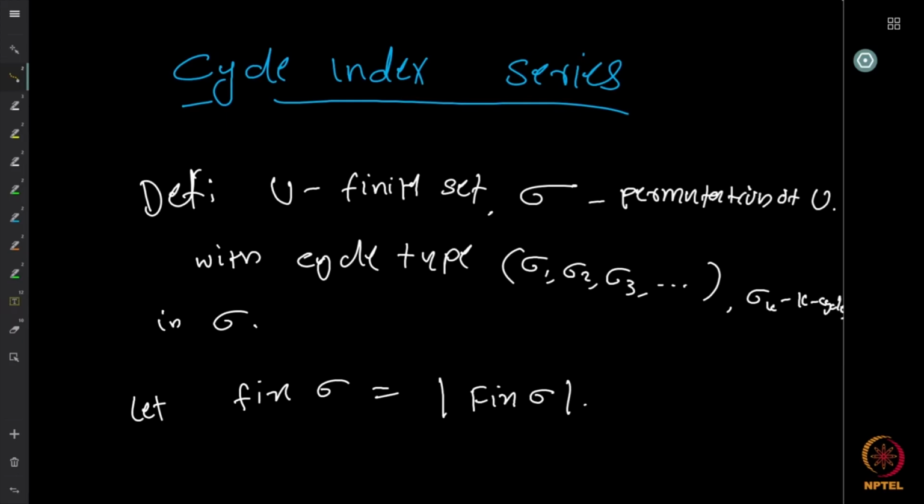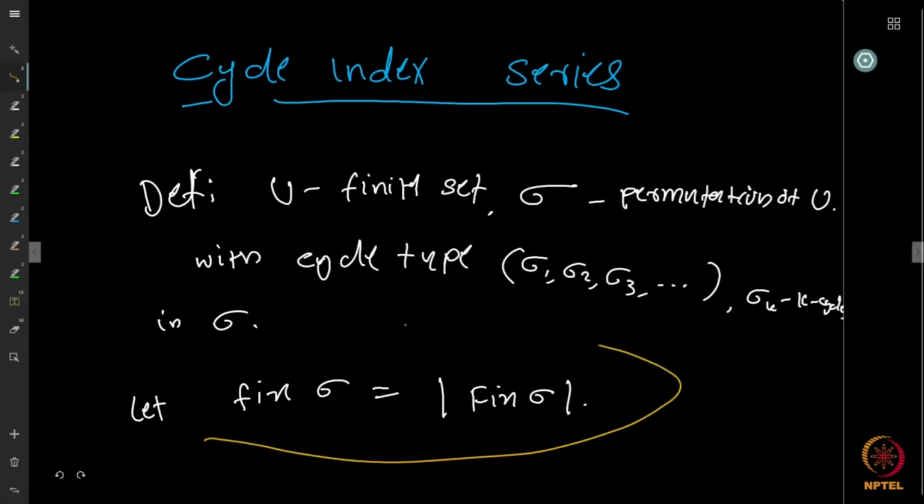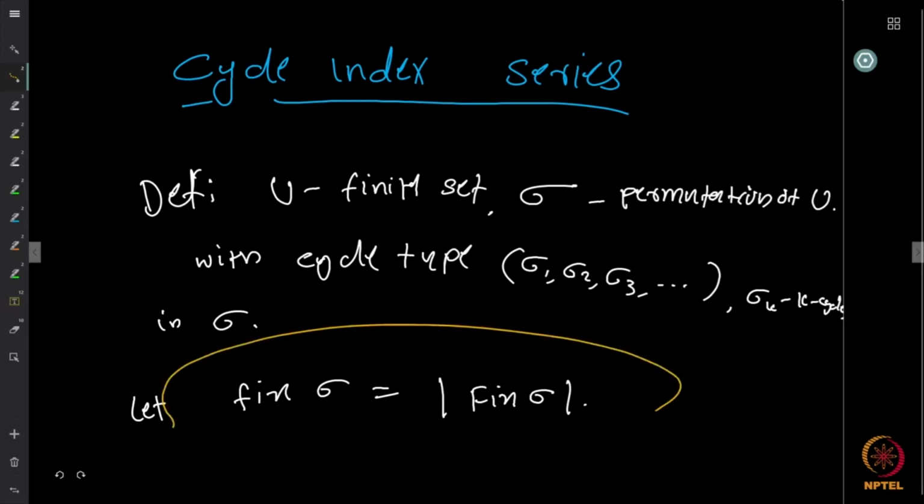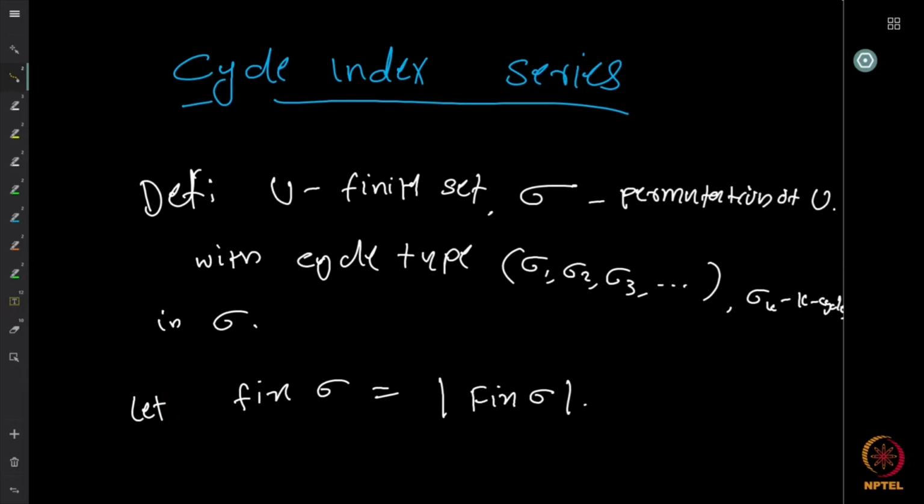Now, we denote by small fix of sigma the cardinality of fix of sigma, where fix of sigma, as we saw earlier, is the set of elements fixed by the permutation sigma, which is actually equal to sigma 1. It's basically the number of unit cycles, single cycles, in the cycle representation of the permutation.